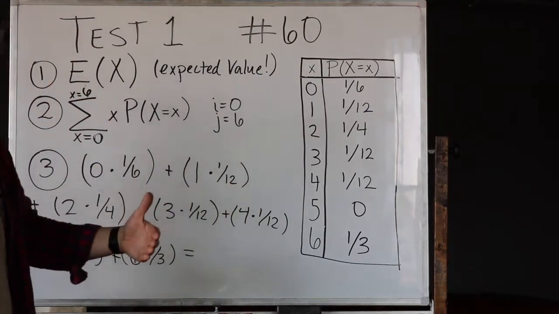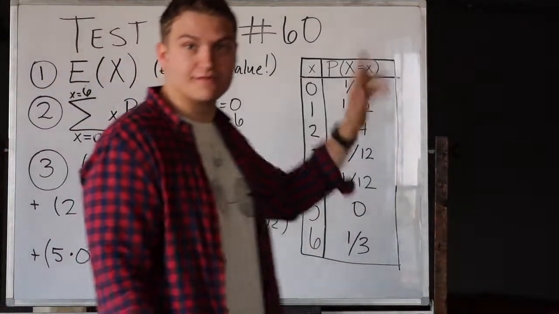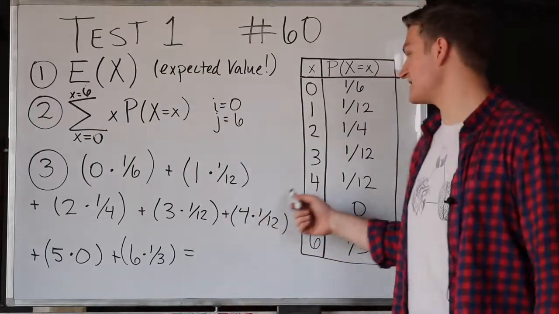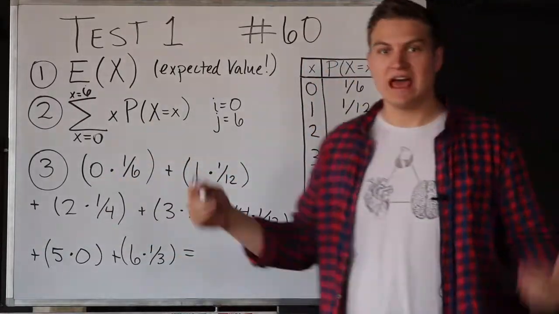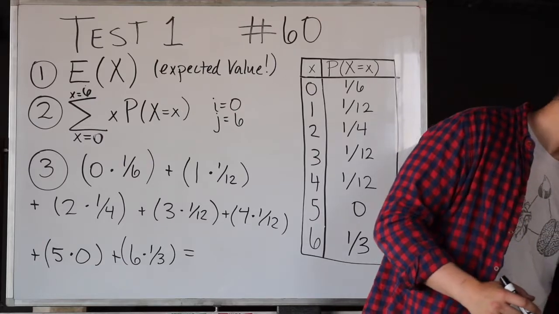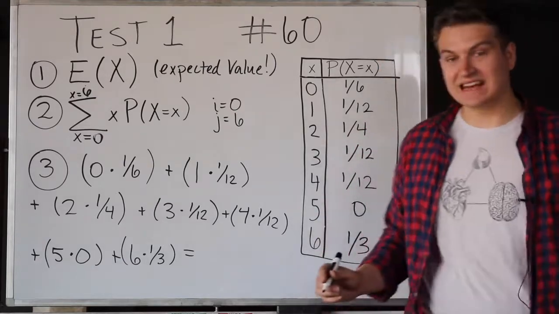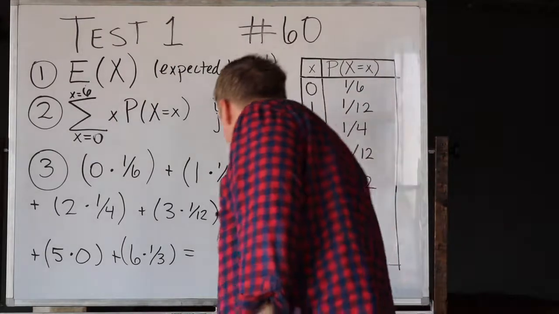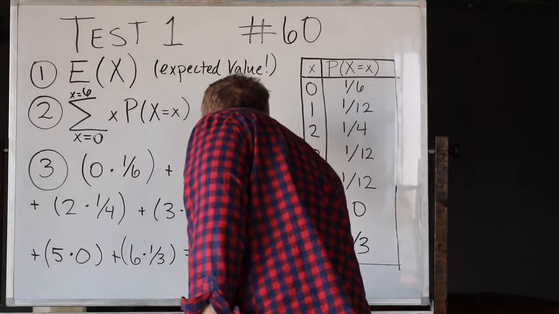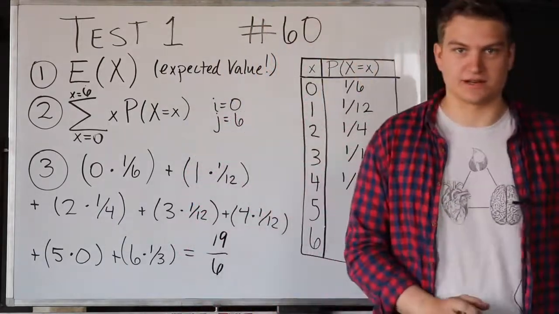So what I would do is I would plug this entire thing into my calculator, being very careful with my parentheses. I'd plug in this entire expression, I'd hit enter, and then I would convert my answer into a fraction. And when I did that, I would get 19 over 6.